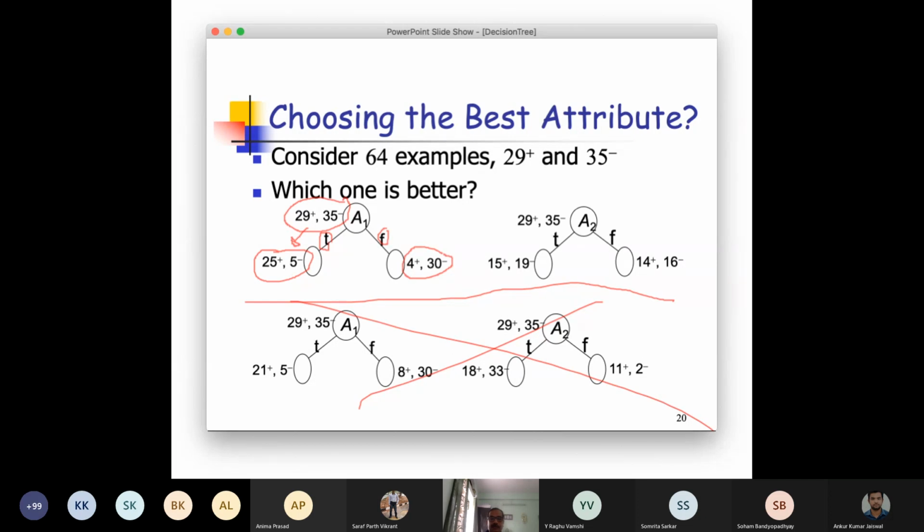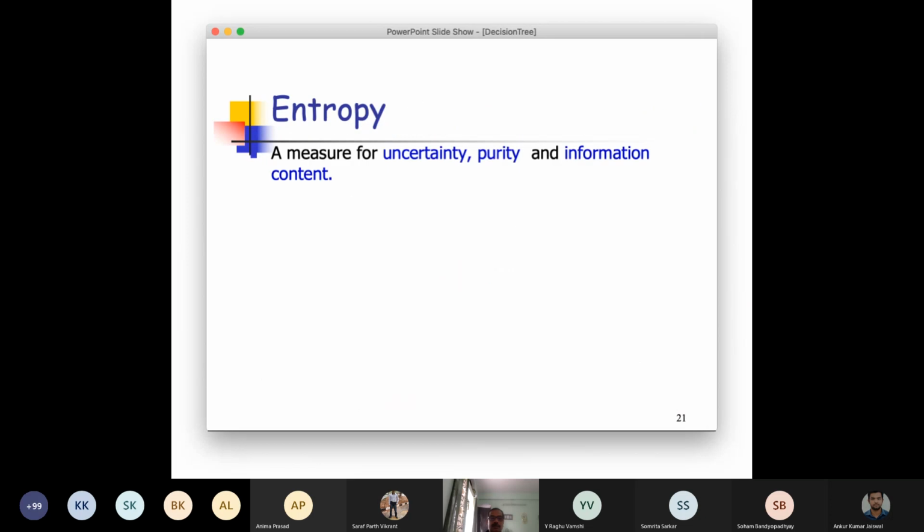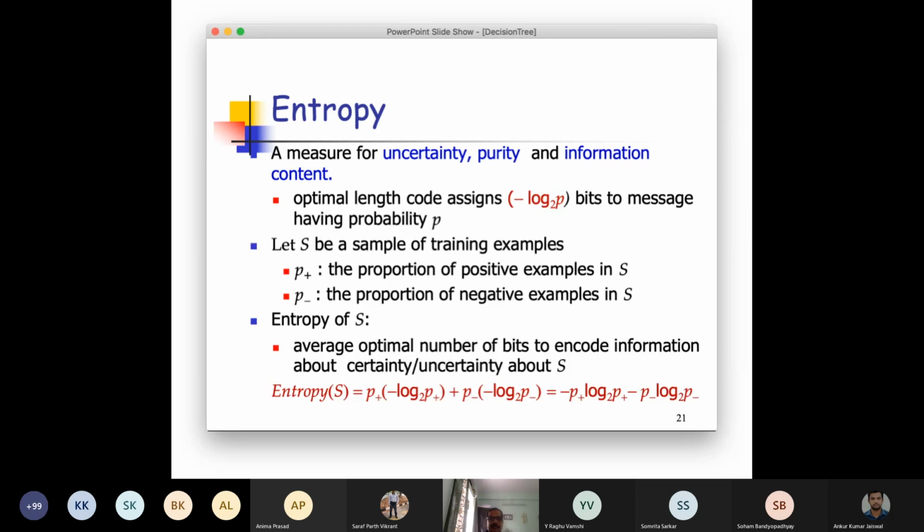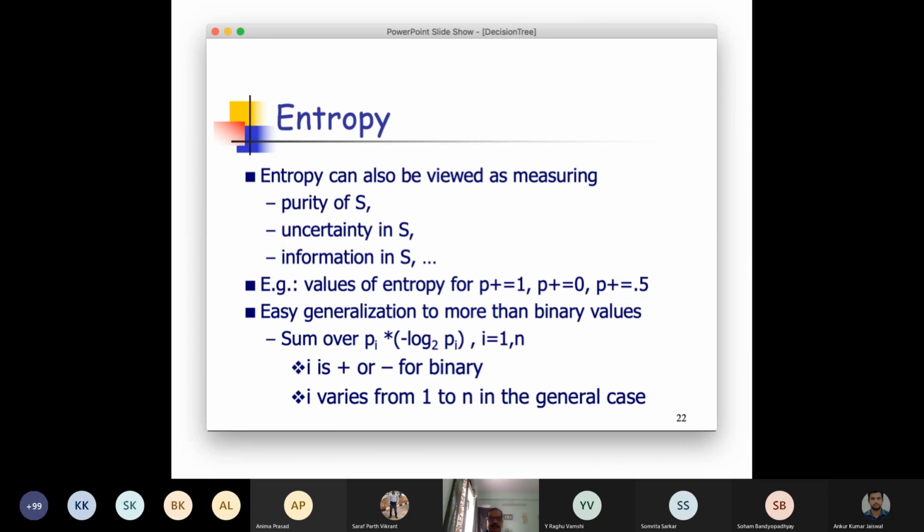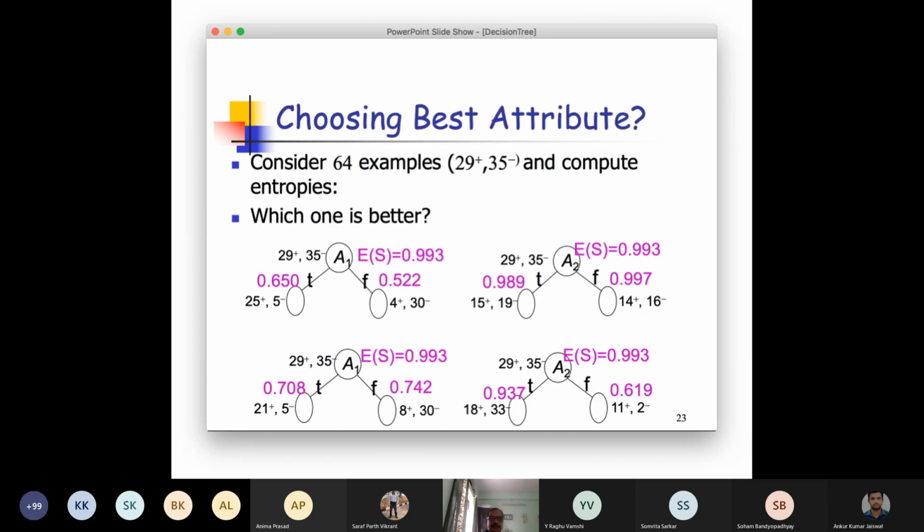The computation is shown later on. Let me go to the computation. As I mentioned, don't look at this, just look at this example.